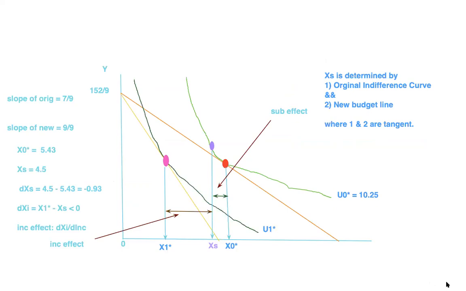You can calculate. What I'm asking you to do is calculate the impact that the substitution effect, or if I ask you on the exam, I normally will ask about the impact that the income effect has on the change in the purchases of tacos.